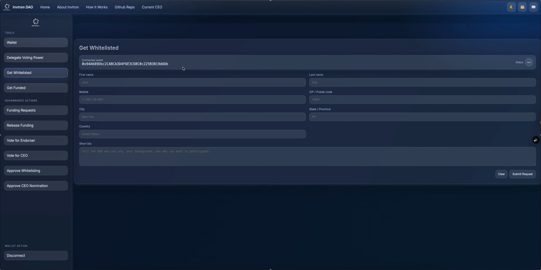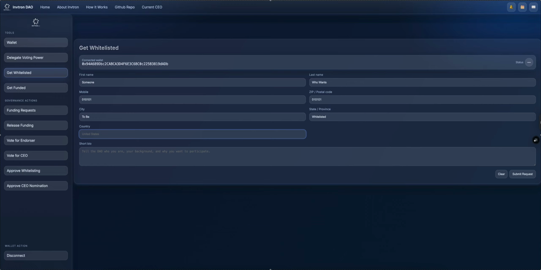So now, as you can see, this wallet is not whitelisted. Let's put here: someone who wants to be whitelisted.